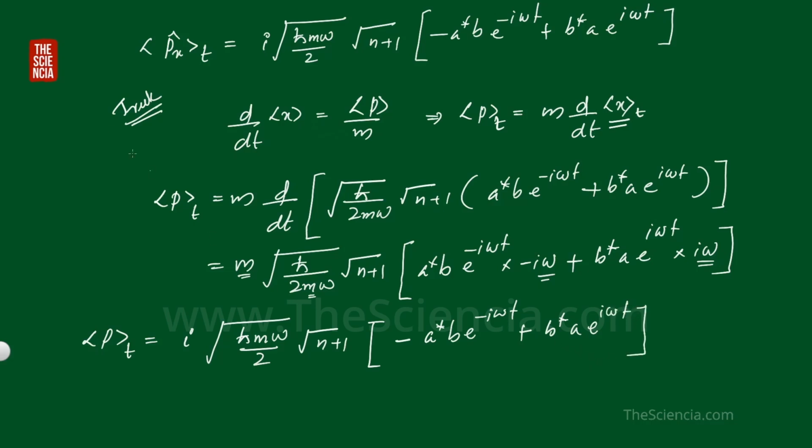See, this is the solution we obtained earlier. So if you know the expectation value of x, then there is no need to do all the derivation, you just use this Ehrenfest theorem. Then you can easily find the momentum at time t.